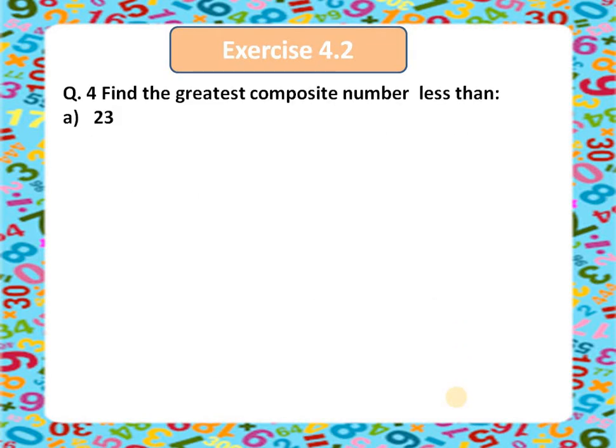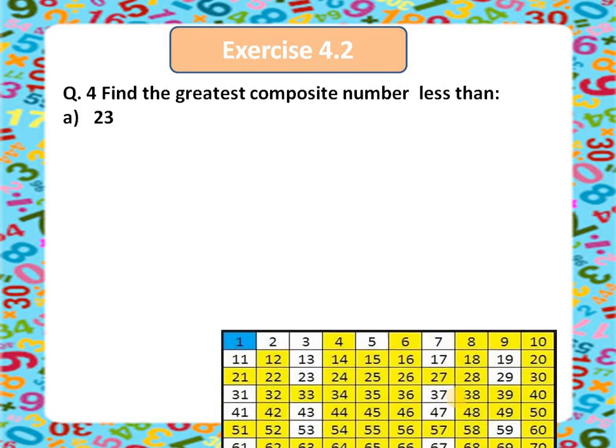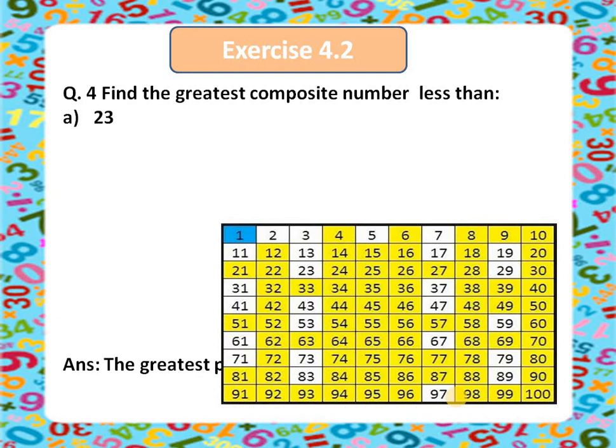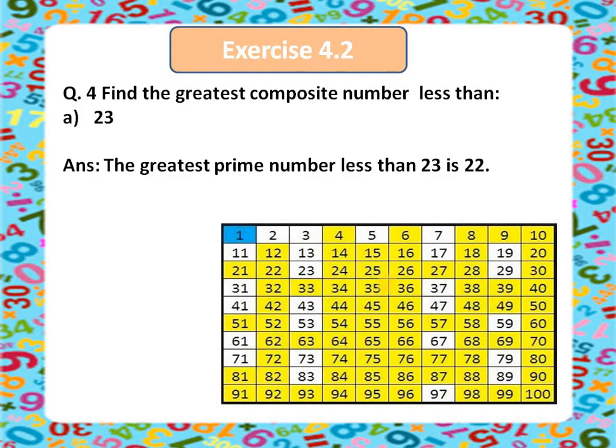Question number 4. Find the greatest composite number less than 23. A composite number has more than two factors. We have to look at 23.